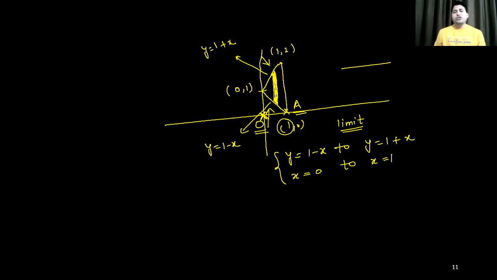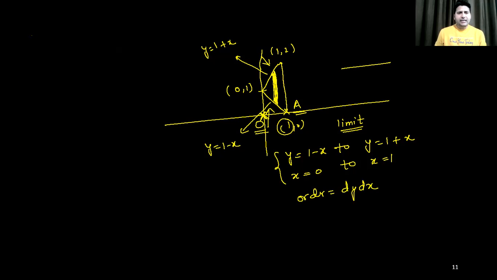So the same question can be solved in this manner also, if we take a strip parallel to the y-axis, and this will be the limit. Moreover, in this case, the order of the integral will be dy dx.